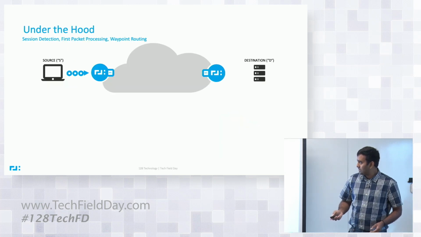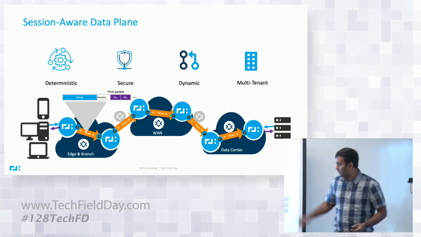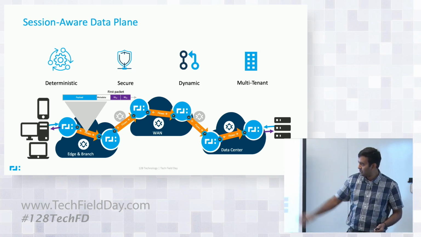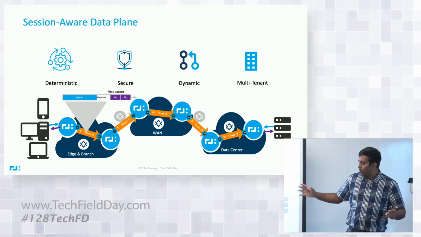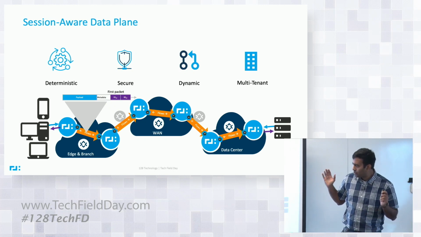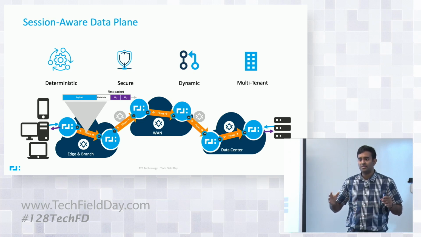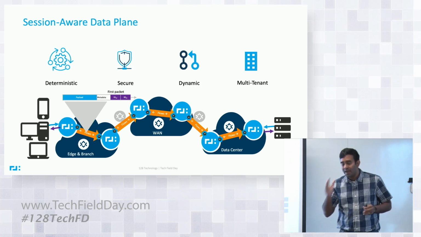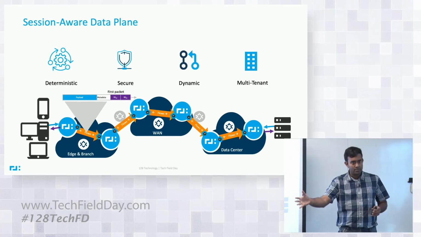So let's go over this again. So you can see a bunch of 128 routers. All these are 128 routers going from a source to a destination. When a packet flows from a source to a destination, we know it's deterministic. That is, we need to make sure the paths it takes are deterministic, the forward and the reverse.